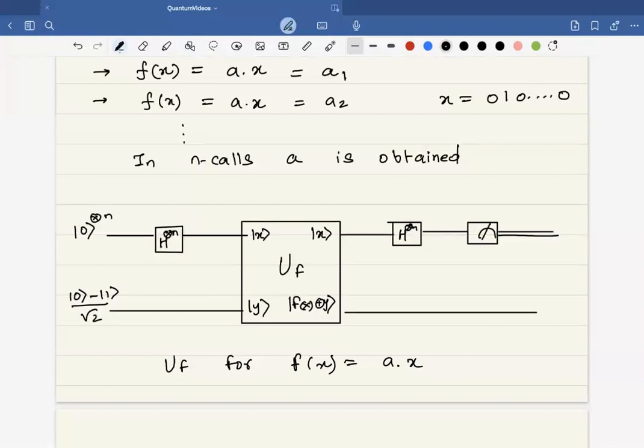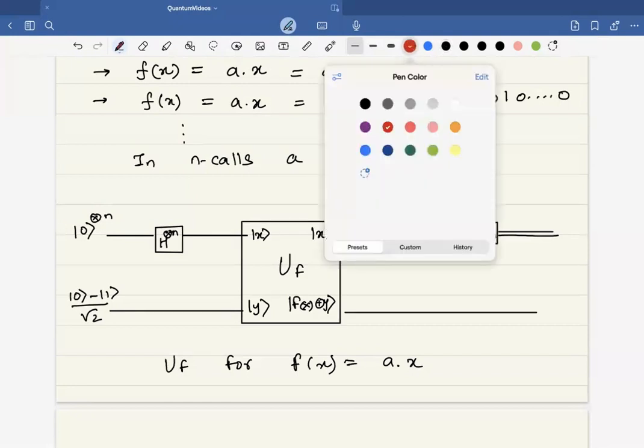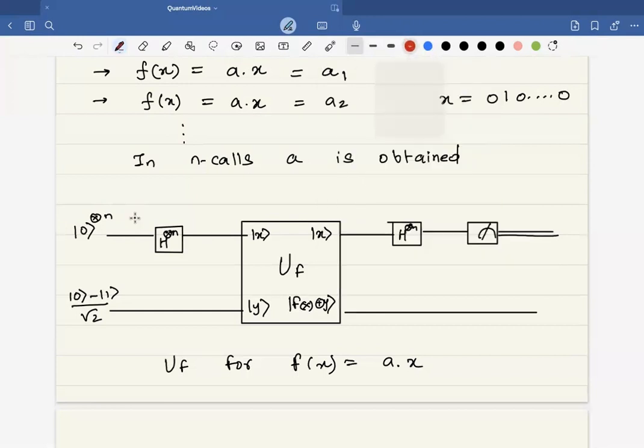Regardless, let's look at how we can analyze this circuit. Let's look at the various points where we will look at the quantum state: psi 0, psi 1, psi 2, psi 3, and so on.